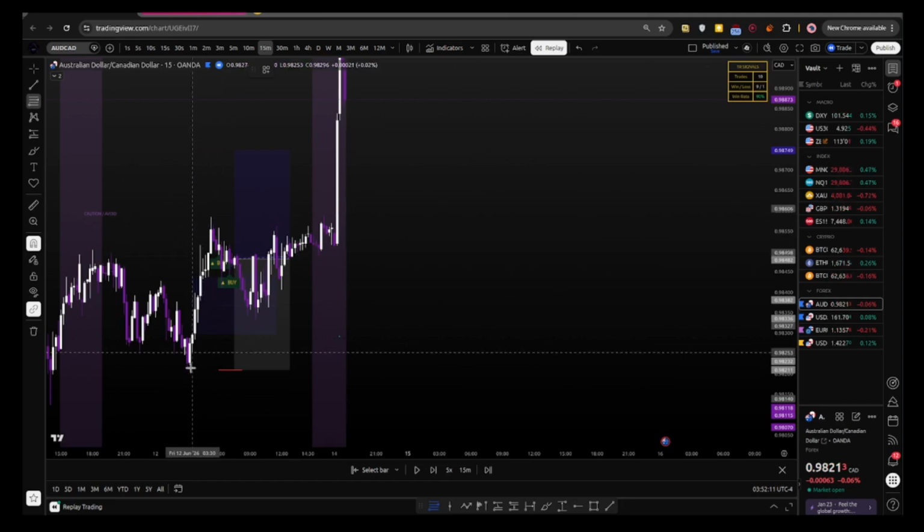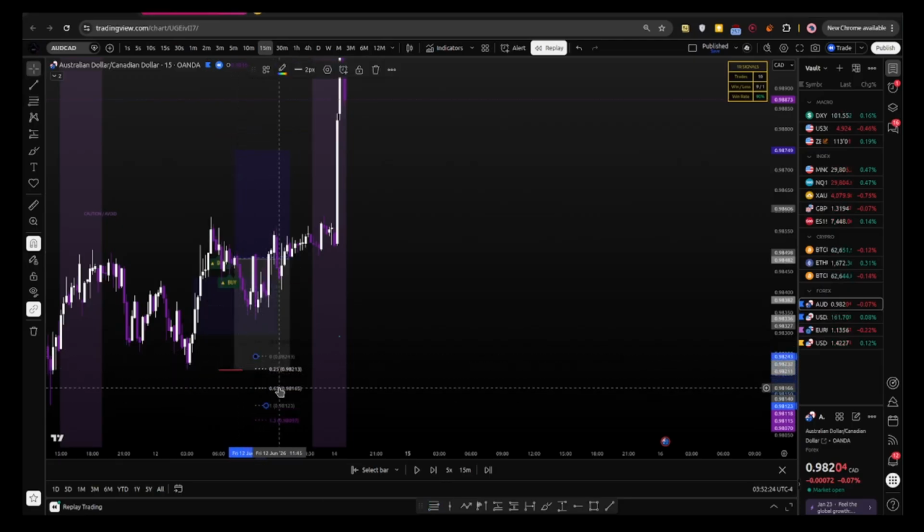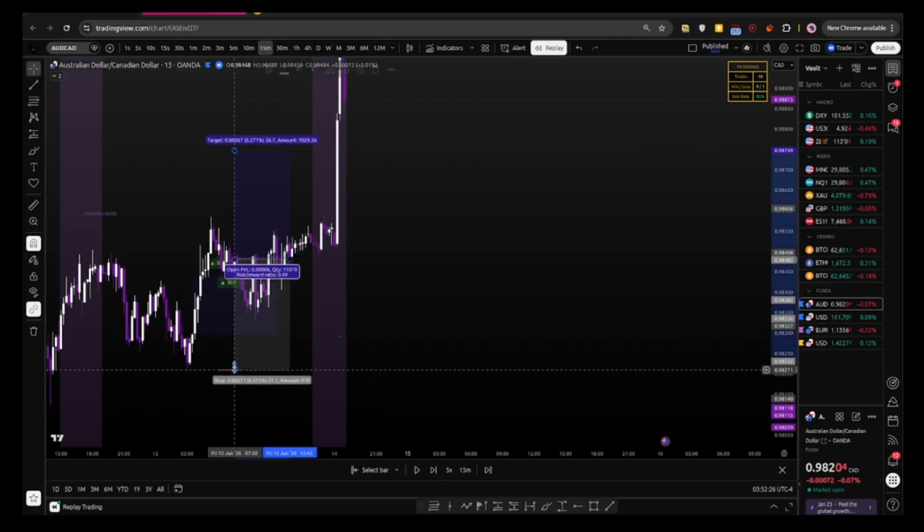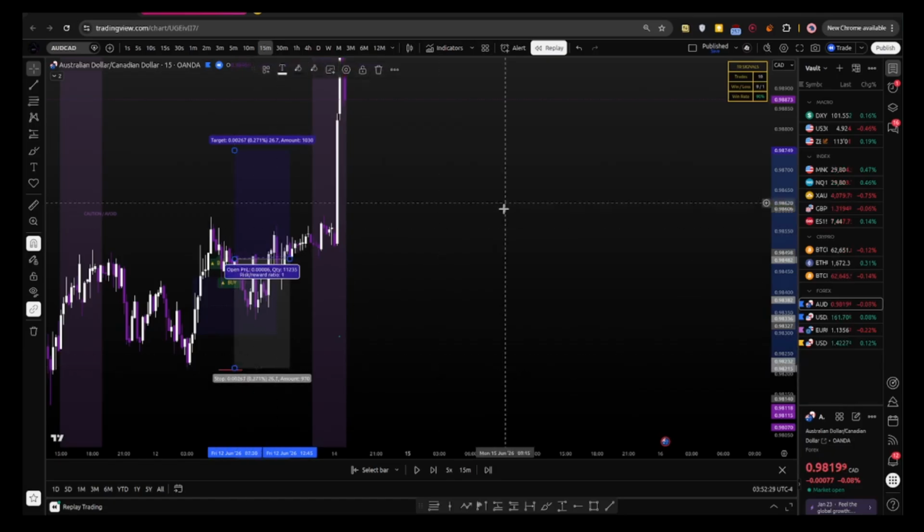Take a fib tool, and then from the signal to here, you can draw the Fibonacci tool from your setup and put a 0.25 to 0.75 level. As a take profit, hit 0.25, you can drag your stop loss to break even. Okay, that was a break even, something like that.